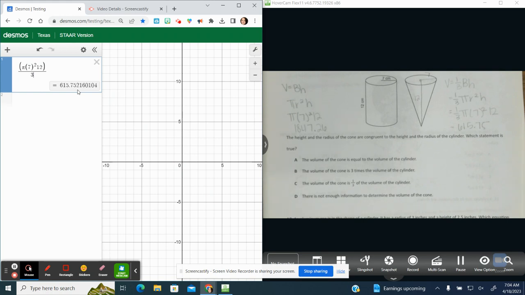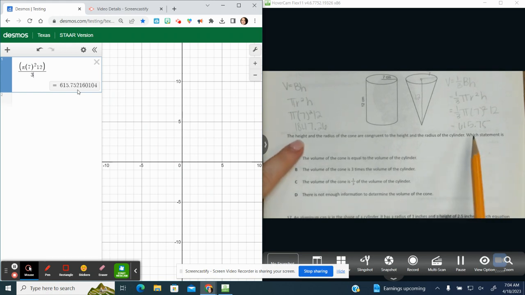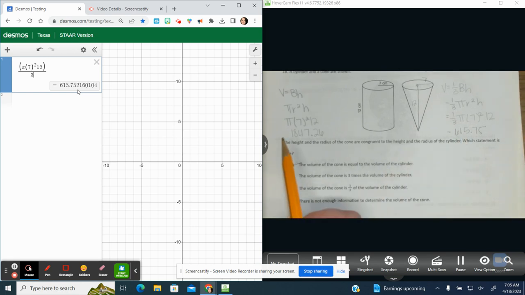So answer choice A says the volume of the cone is equal to the volume of the cylinder. Well, that's not true. The volume of the cone is 3 times the volume of the cylinder. The cone is smaller than the cylinder, so it's not 3 times. The volume of the cone is 1/3 the volume of the cylinder. That could be possible. Let's check.